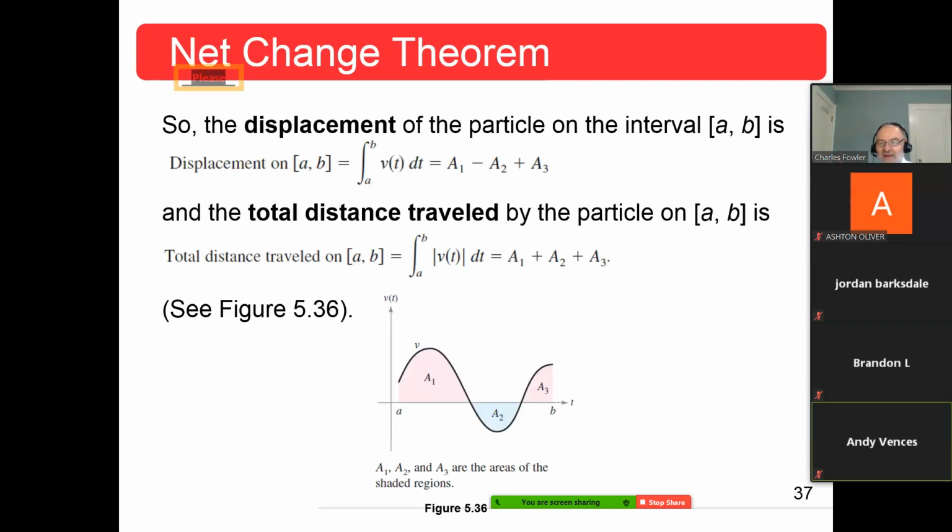So let's see what we've got here. The displacement of a particle from A to B is simply the integral of v of t dt. Oh, I'm sorry, down here. I was wondering where in the world they get these from. That's the area under this curve minus the area under this curve plus the area under that curve. That's the total displacement.